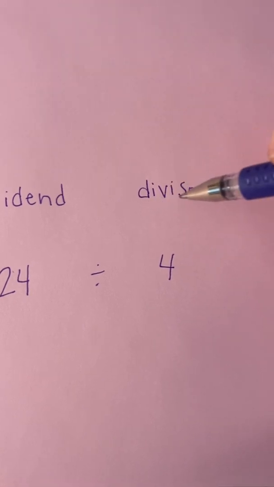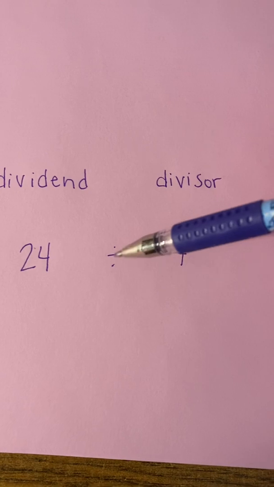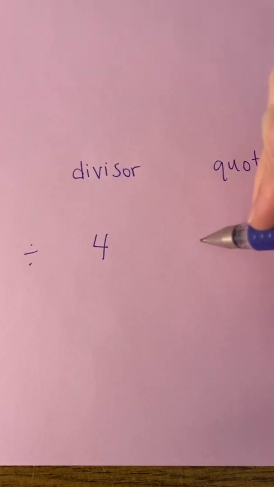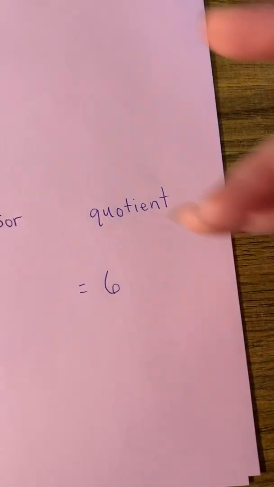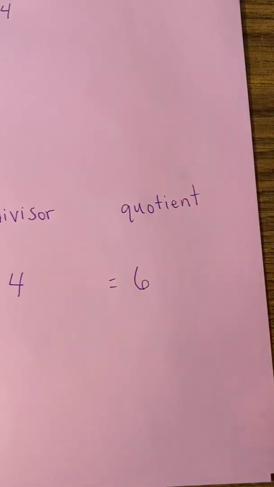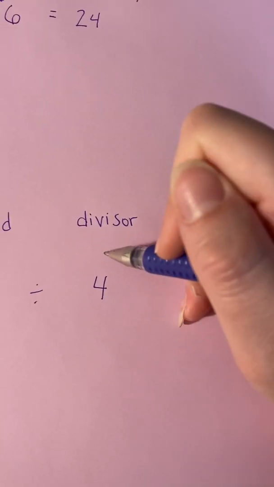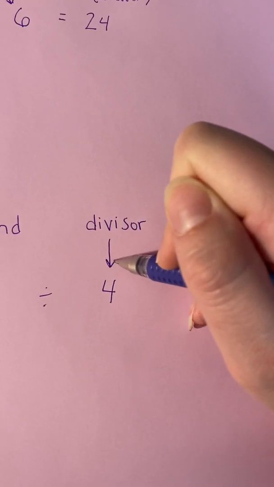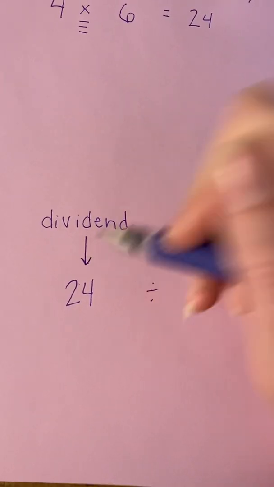See the word divisor, divided by? 24 divided by 4 equals 6. Your answer here, where it says equals, is your quotient. So your quotient is what the answer is. The divisor would be your number of groups, and your dividend is the number that is being divided.